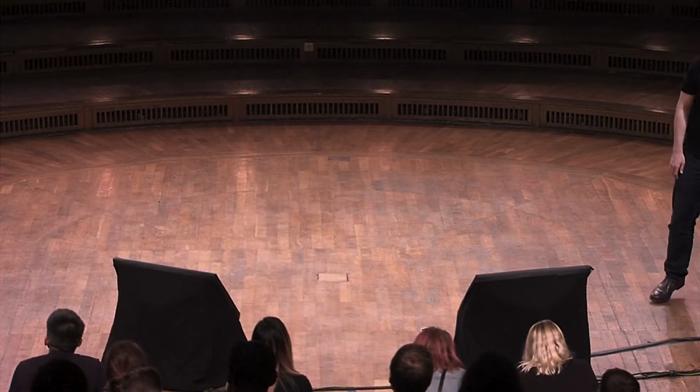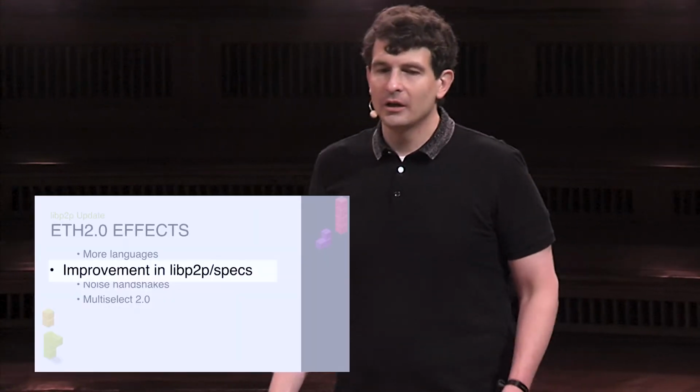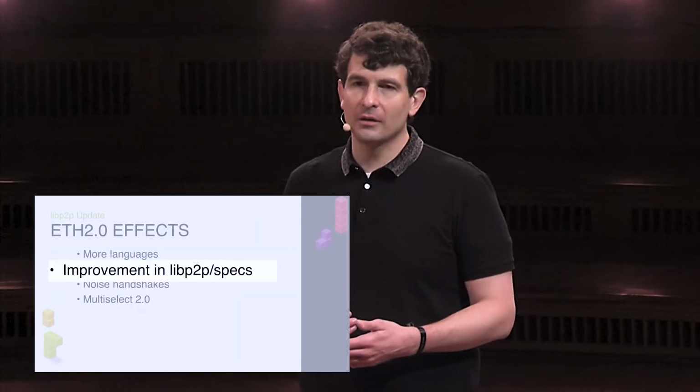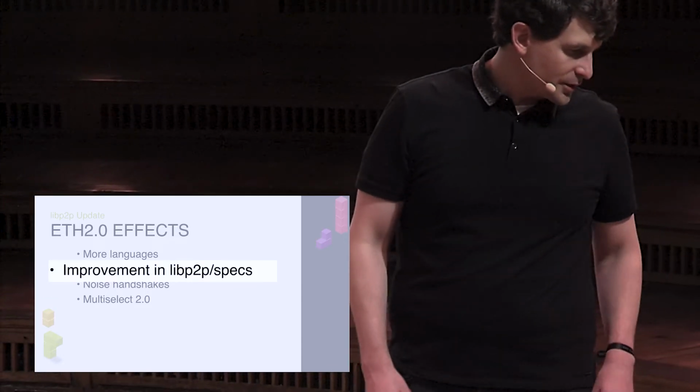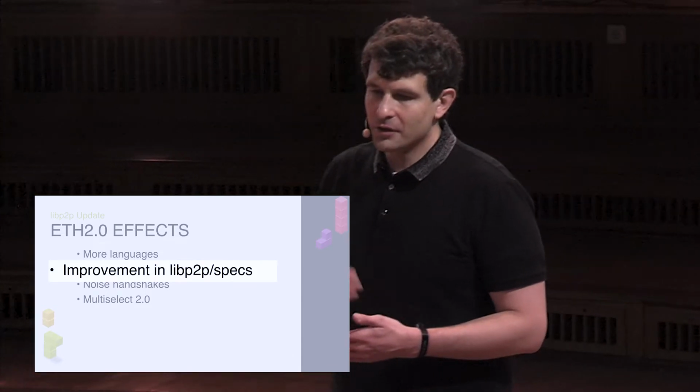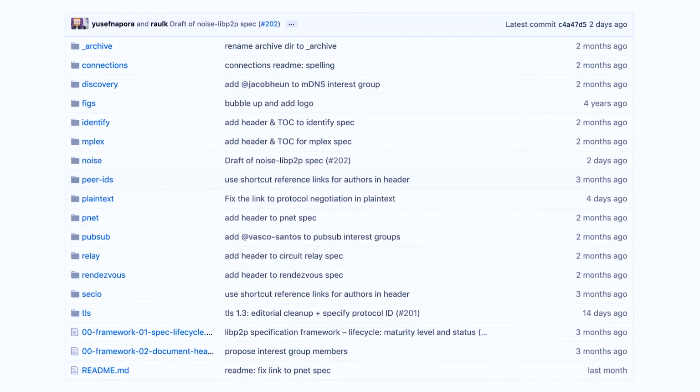I just want to zoom in on one of these, the improvement in specs. This is an important one. Let me see if I have some better slides. Yes, I do. OK, so this is the specs repo now. Well, let me put it this way.